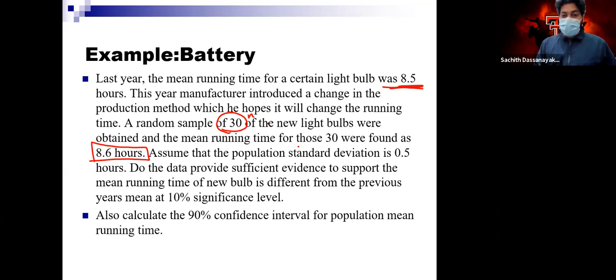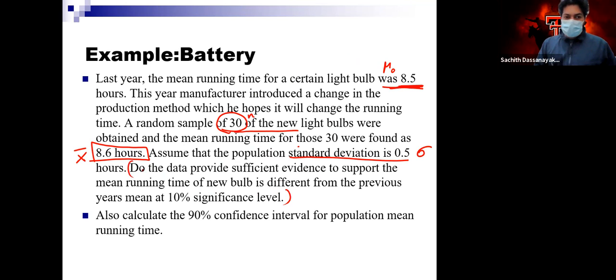This 8.6 is based on 30 light bulbs, which means this is your X bar, and this is what they have given in the first sentence. It is your mu naught, right? Clear? Assume that the population standard deviation sigma is given. This is the researcher's claim.